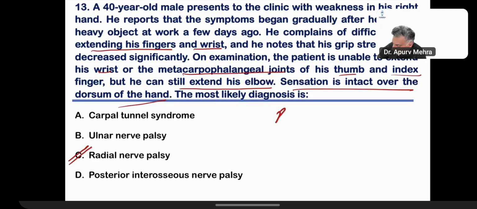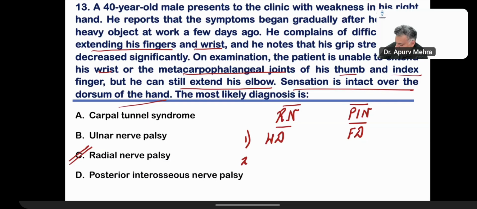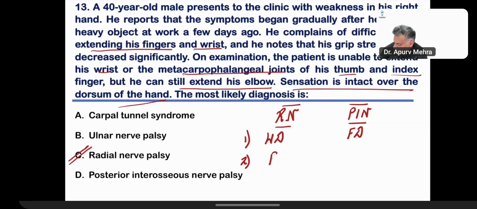Let's draw a small table. Radial nerve versus posterior interosseous nerve. Radial nerve: wrist drop. Posterior interosseous nerve: finger drop. Radial nerve will have sensory loss, normally yes, though sometimes it cannot be there.